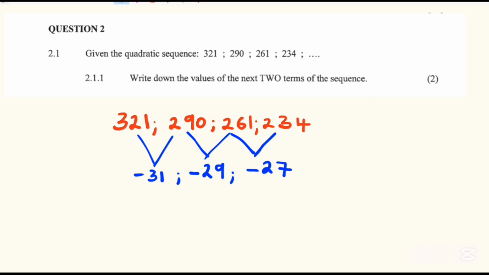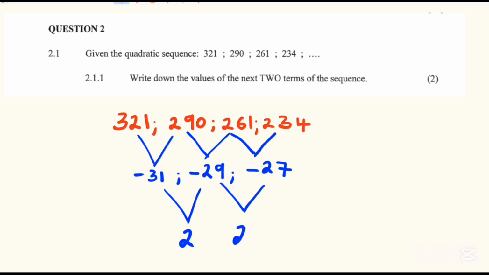And now we determine the second difference. So negative 29 minus negative 31 will be equal to 2, and negative 27 minus negative 29 is also equal to 2.